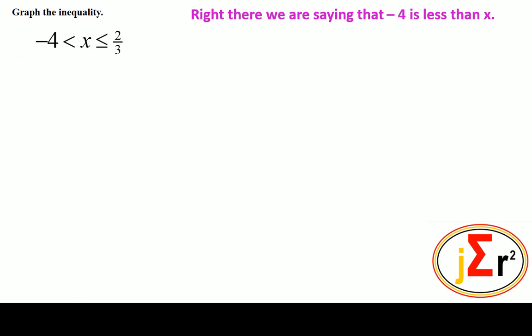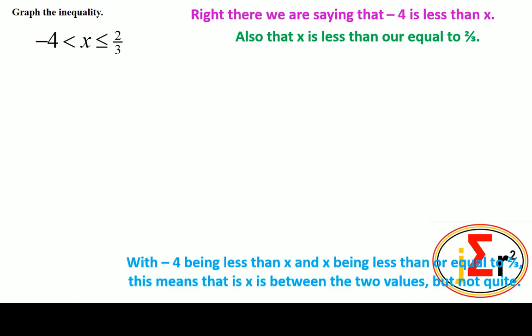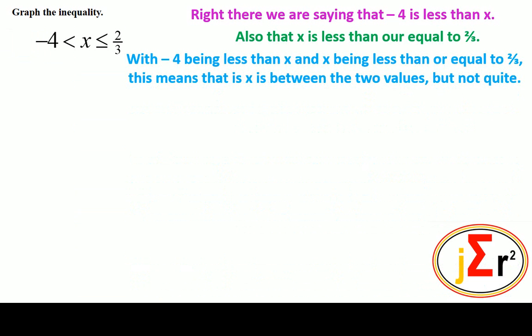And again we have x is less than or equal to 2/3. With negative 4 being less than x and x being less than or equal to 2/3, this means that x is somewhere between the two values, but not quite.